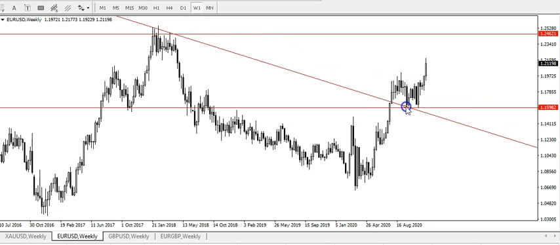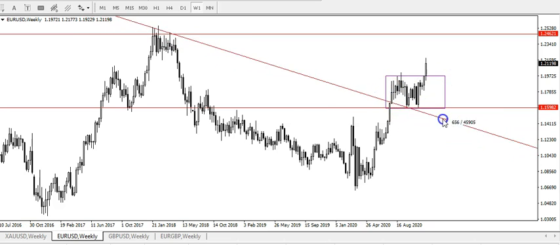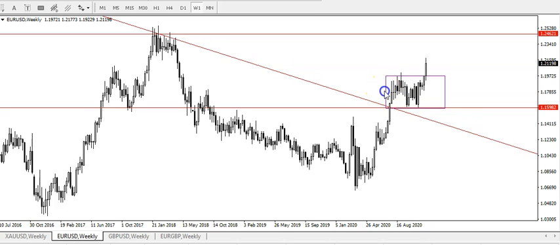What I am looking for right now is price action, and what is clear to me in the last few weeks is that price has been moving in a very tight range over here. Okay, so this is what I'm looking at. Okay, so this is a tight range. Price has broken out of that range, and it's going north. Right, so that's something that I'm looking at.